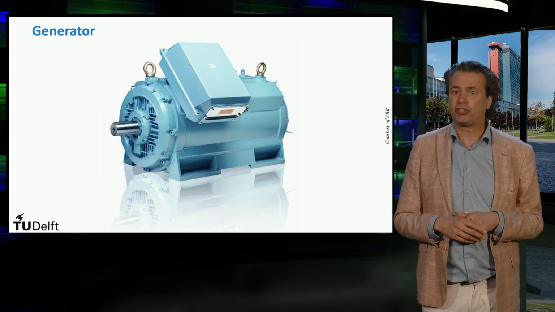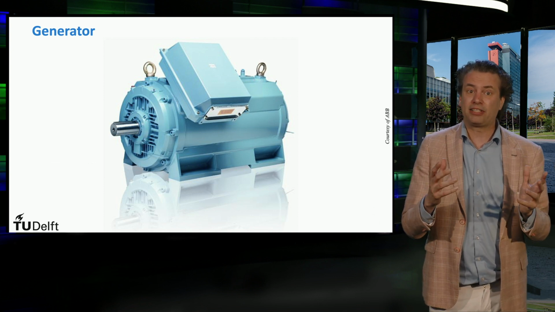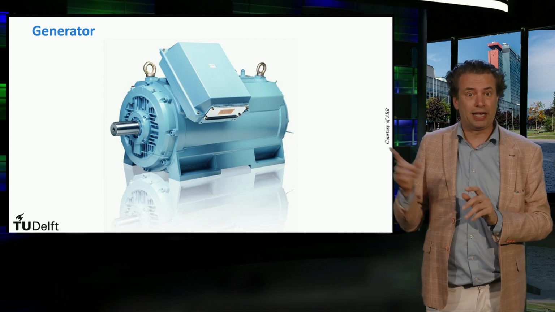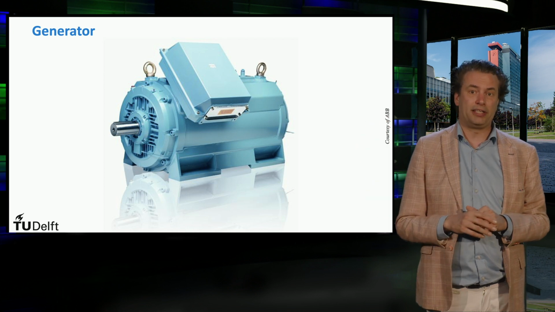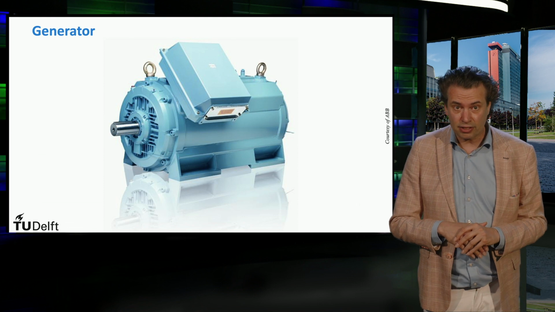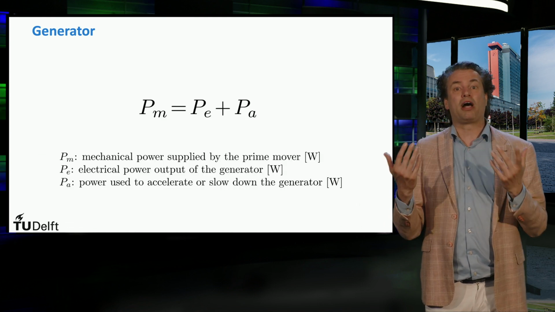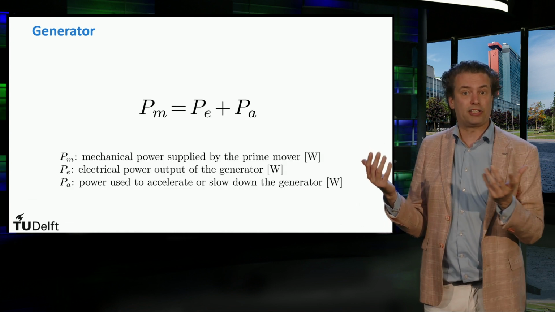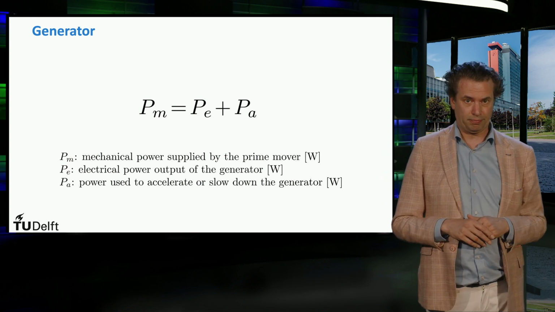In traditional power systems, the active power balance and the frequency are controlled by generators, as shown in this picture. When losses are neglected, the active power balance can be expressed as the equation shown on the screen.